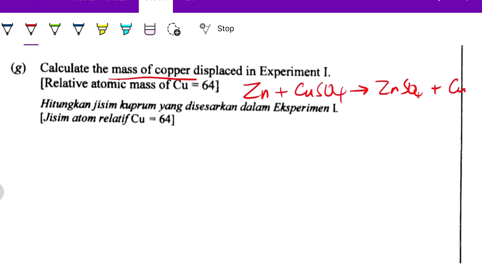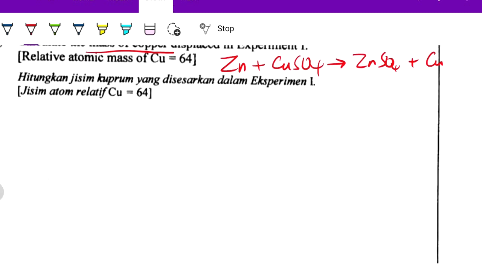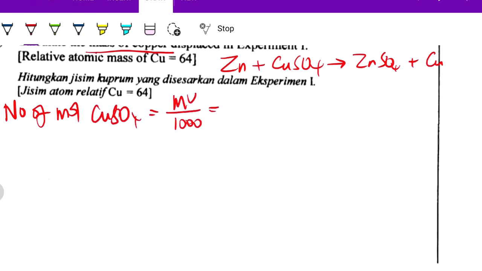Here zinc is in excess, so we need to calculate the number of moles for the copper 2 sulfate first. We use MV over 1000. The M, concentration, is 0.5, V is 50 over 1000. So you get 0.025 mole.